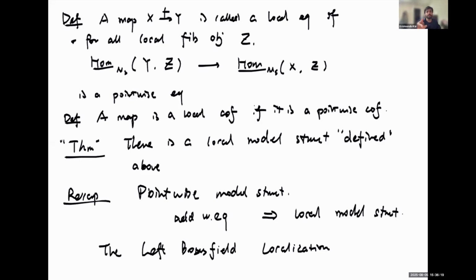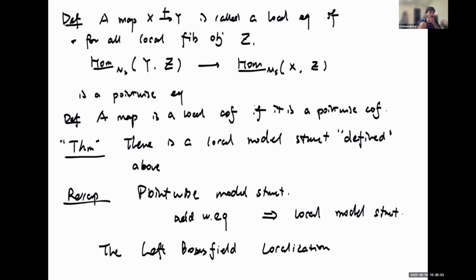And how are you changing the weak equivalences? Usually, weak equivalences are not preserved under internal hom. It's still not true that equivalences are preserved by internal hom, but I say they are preserved by the internal hom into a locally fibrant object. That's how I change it.